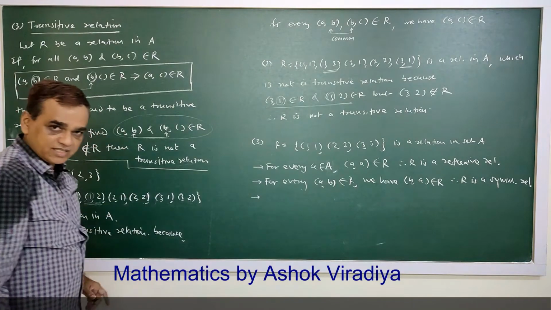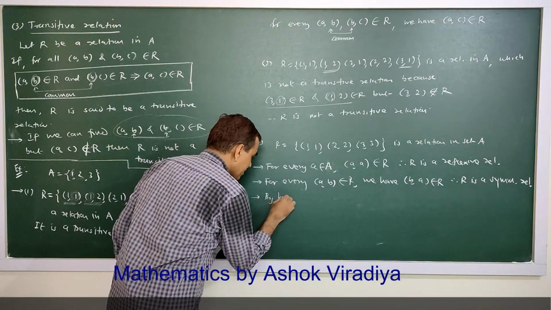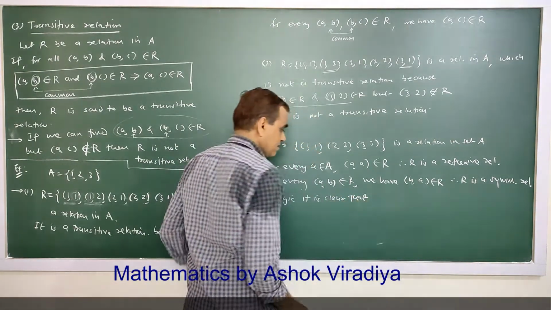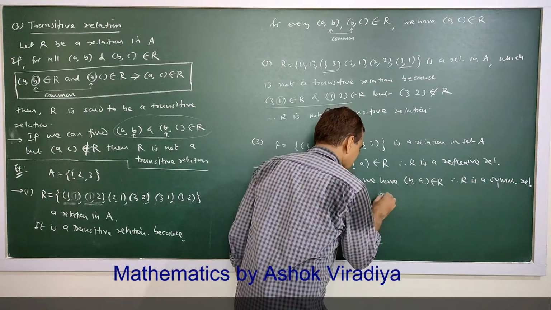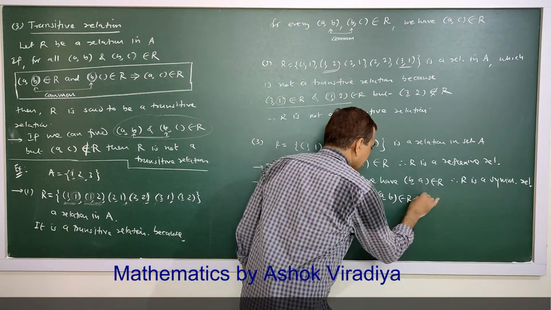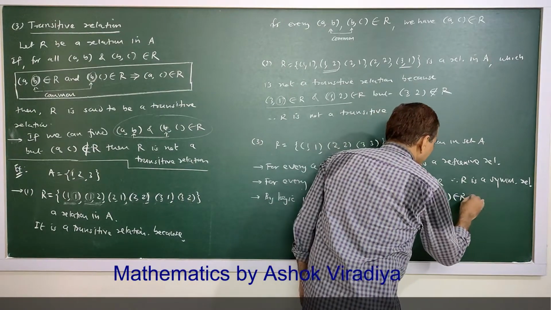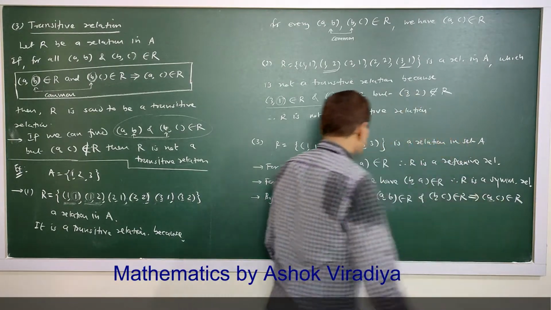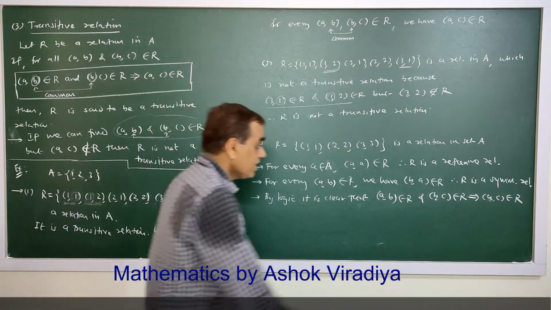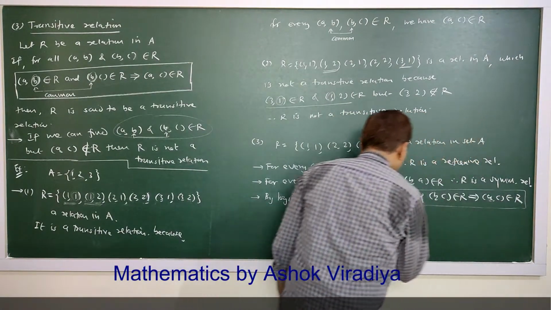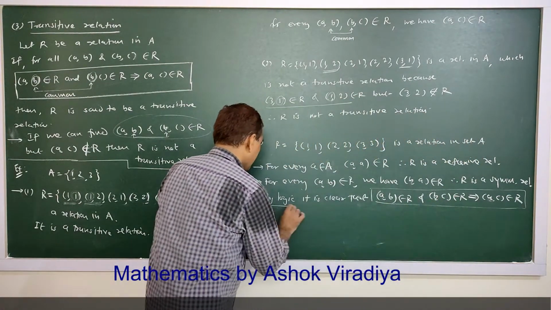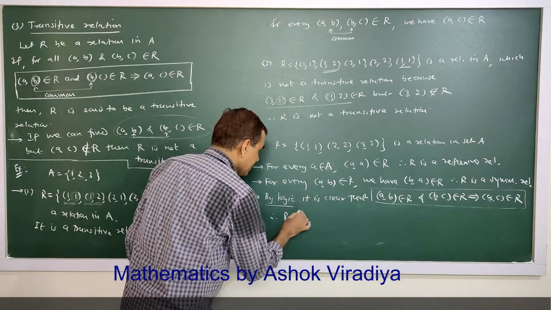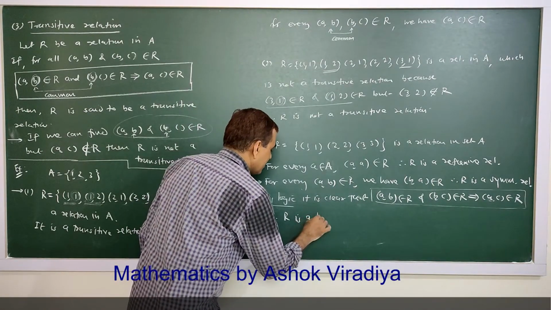So here by logic, it is clear that (a,b) belonging to R and (b,c) belonging to R implies (a,c) belonging to R. By logic, this is satisfied. So I am putting the words by logic. Therefore, this relation is a transitive relation.